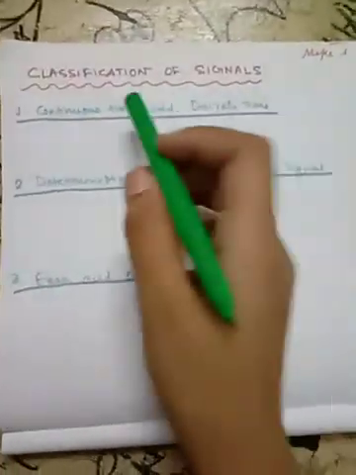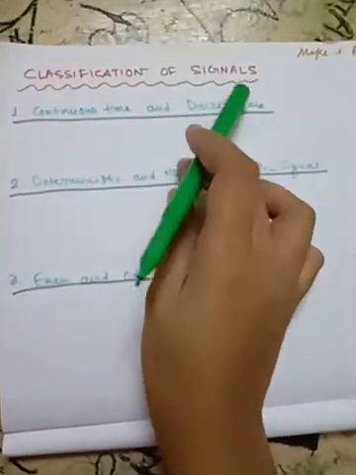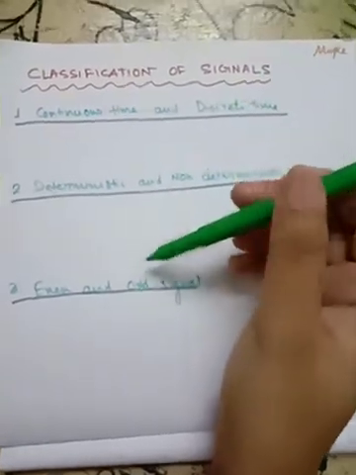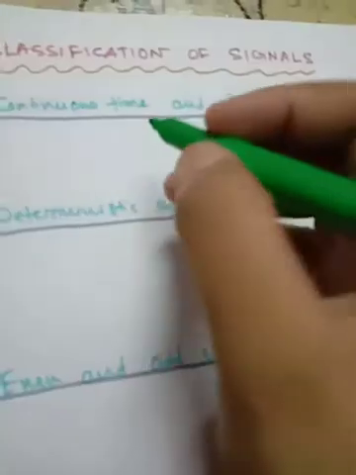In this video, I'll be discussing the classification of signals. So let's start. The first one is the continuous time and discrete time signal. Continuous time means a signal for which for each and every point you will get an amplitude. Say this is the amplitude and this is the time. So for each and every point of the time you will get an amplitude.